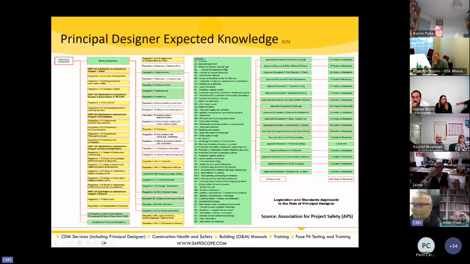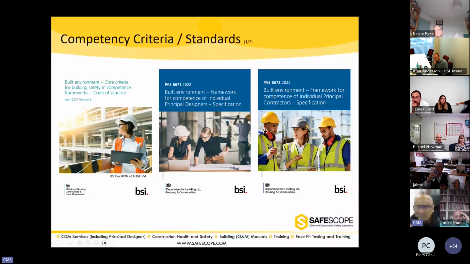Okay, so competency: there are documents already out there which explain what is expected from a principal designer, principal contractor. For instance, for a principal designer, there's PAS 8671, which explains the principal designer competency criteria. There's a similar one, 8672, for an individual principal contractor, and there's a core criteria covered under 8670.